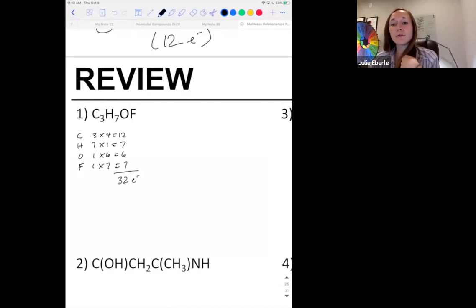Okay, I got 32 valence electrons. Did y'all get 32? All right, so start connecting your atoms here. Remember, carbon can be a central atom and oxygen can be a central atom, but fluorine and hydrogen cannot. They can only have one bond.